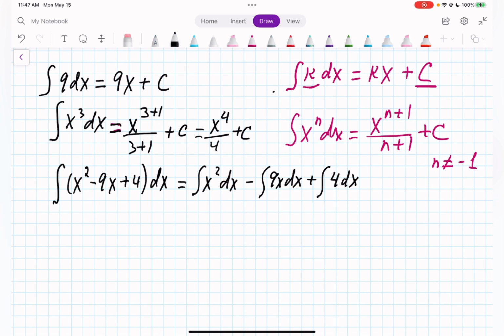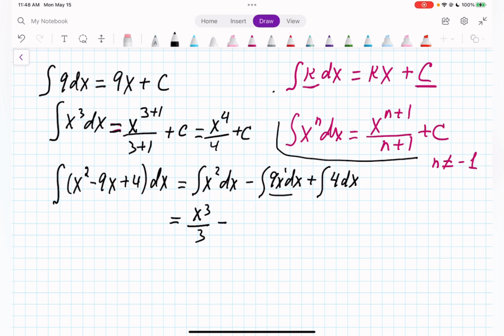Okay, and we are going to use our formula, right? This one that we have. So let's do it. So I will get x squared, so n is 2, 2 plus 1, I'm getting x cubed over 3, minus 9x, meaning degree 1.